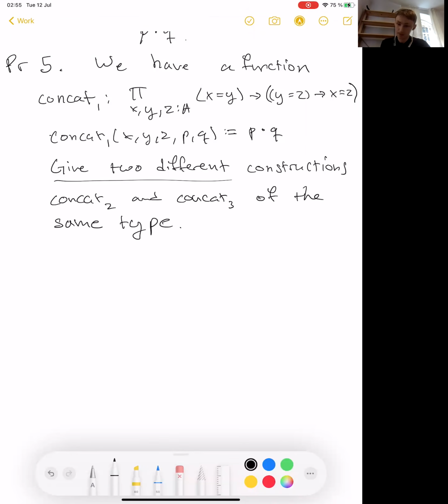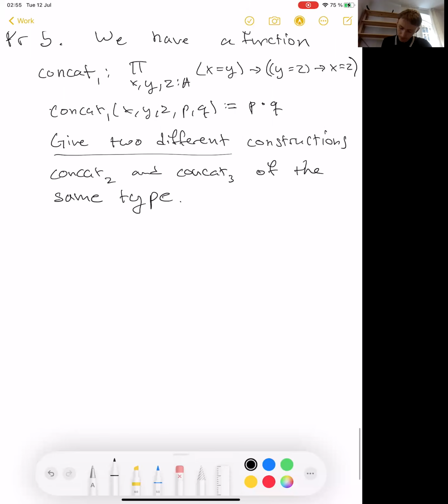So essentially, we're being asked to give new definitions of path composition. Okay. So I hope I remember right that in the previous lecture, they defined path composition by using path induction on the first argument.